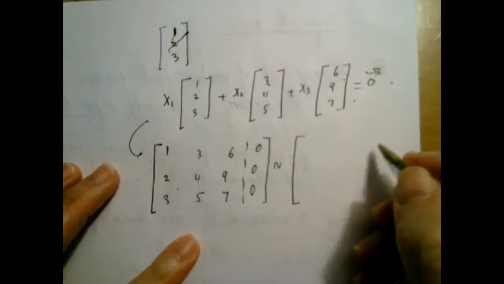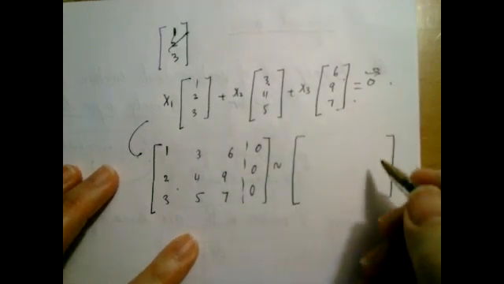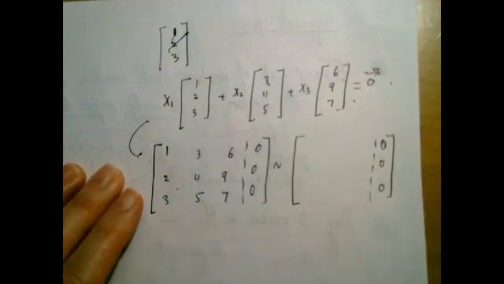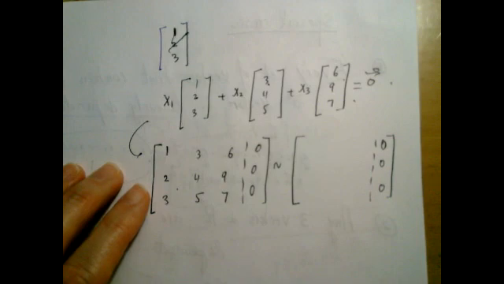Let's see if we have a non-zero solution here. Is there a quick way? I'm just finding the echelon form the quick way, the calculator way.